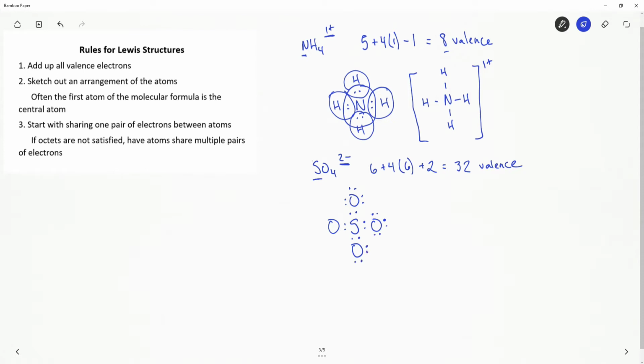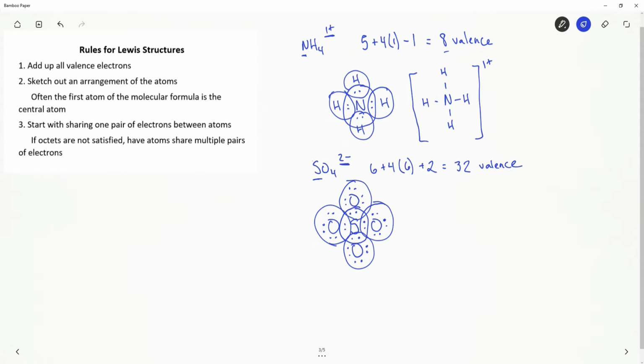So far, so good. Okay, I haven't run out yet. That's 30, that's 32. Okay, let's check octets. Sulfur, yes, 8. This oxygen, okay, that's good. This oxygen, yes, 8. This one, all right, 8, 1 more, and yes, that one also has 8 valence electrons. Okay, we've got a valid Lewis structure.